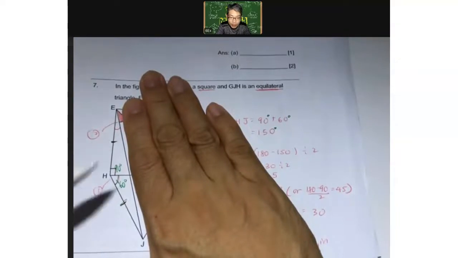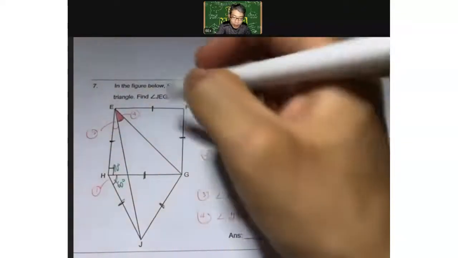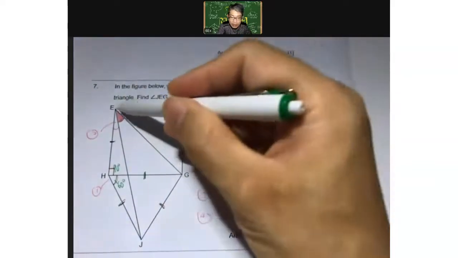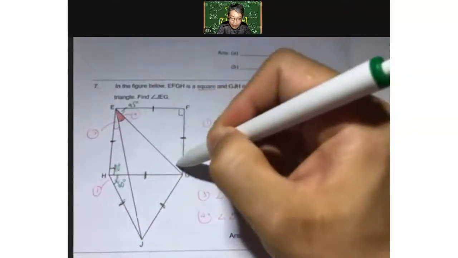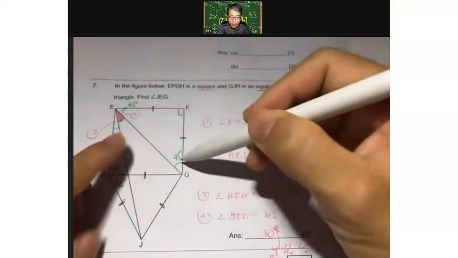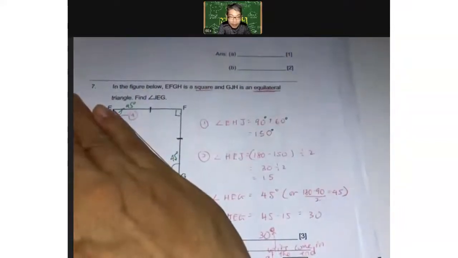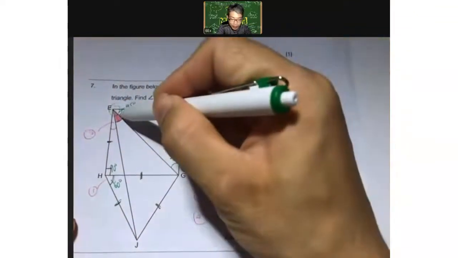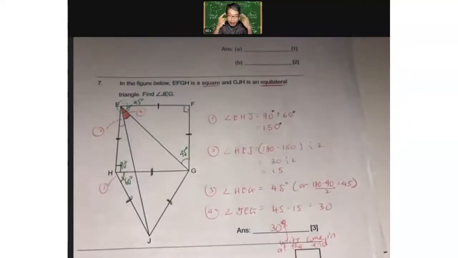That's what I'm thinking when I was looking at this. And why do I want this angle? Because I know this angle here is 45 degrees, since this is a square, this is 90, and this is an isosceles triangle, so I know these two must be 45. 45 plus 45 plus 90 is 180. I know this whole angle is 90. 90 take away 45, take away this angle, I get my answer.